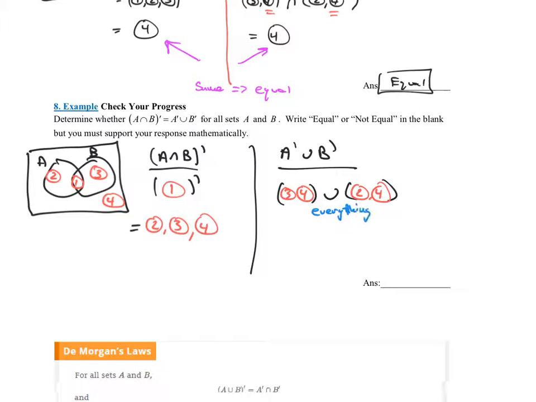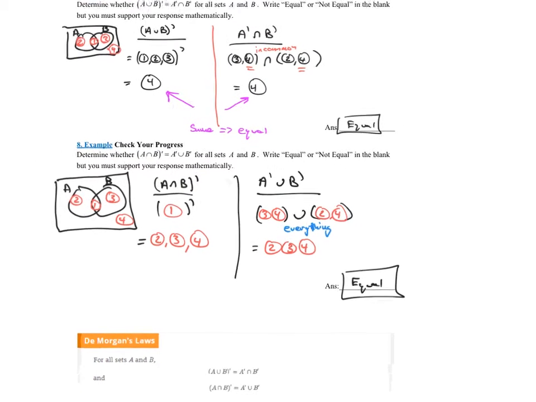Your baggage, my baggage, bring it together, right? So what regions do I see? I see regions 2, 3, and 4. On the first one, we got regions 2, 3, and 4. On the second one, we got 2, 3, and 4. So what does that mean? It means, indeed, these two things are equal.